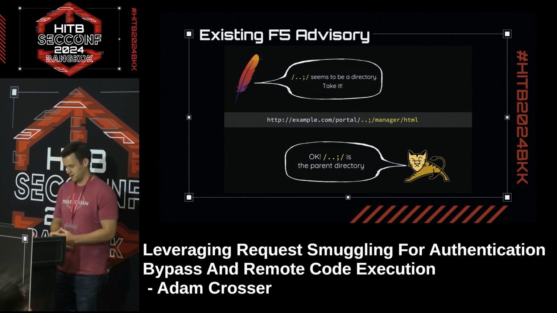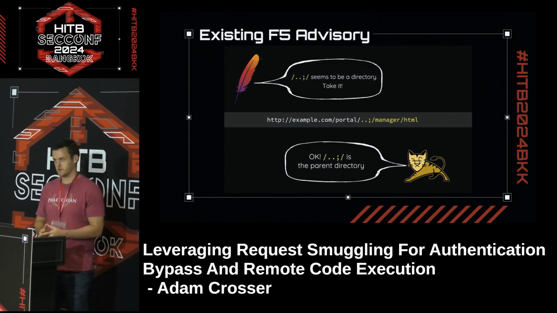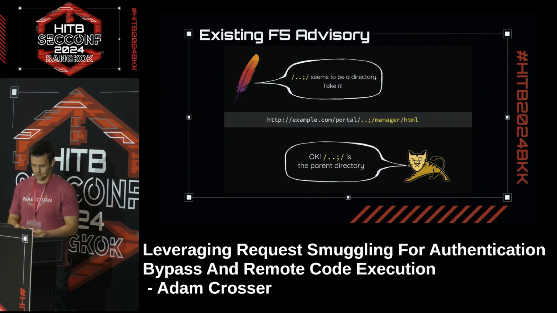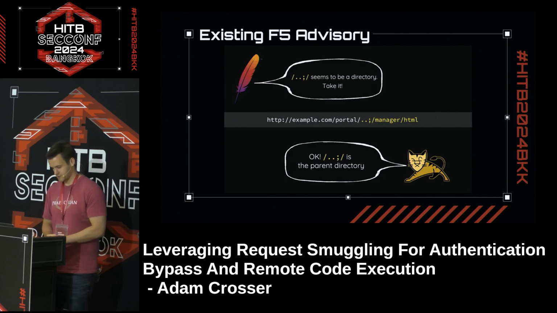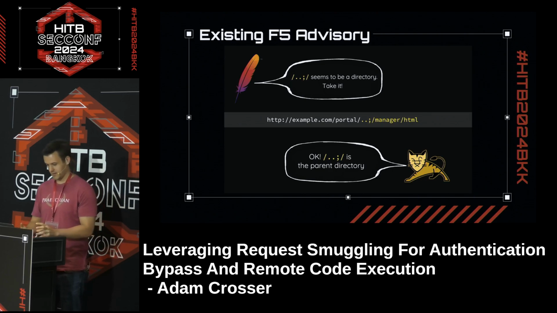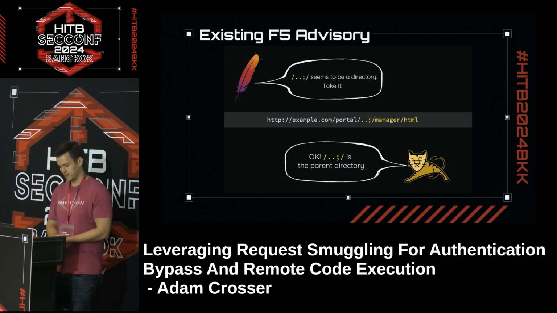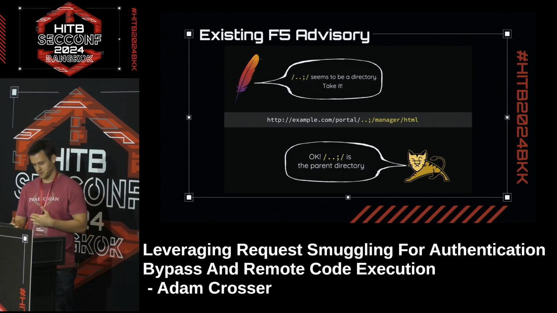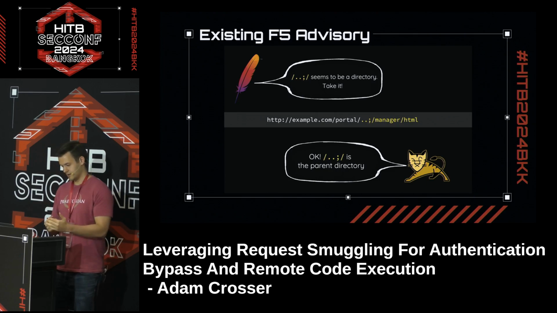And the other thing that we noticed from reviewing some of the previous research into F5 is that the older CVEs use this thing that Orange Tsai found. This is from one of his presentations, where if you give Tomcat a directory name with ..// it will see this as a reference to a parent directory, whereas Apache will see this as a directory name. Someone found a vulnerability in F5 since F5 basically uses Apache as a front-end server with an Apache module that performs authentication, and their backend uses Tomcat.